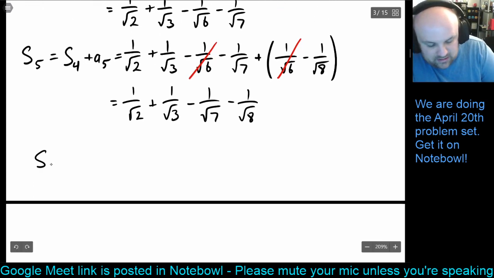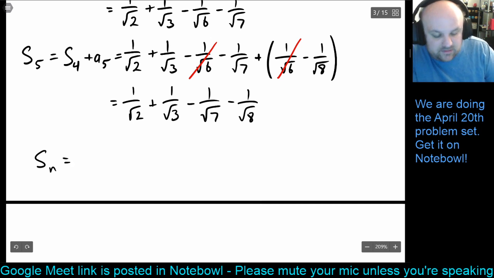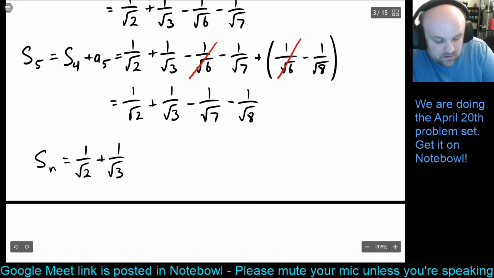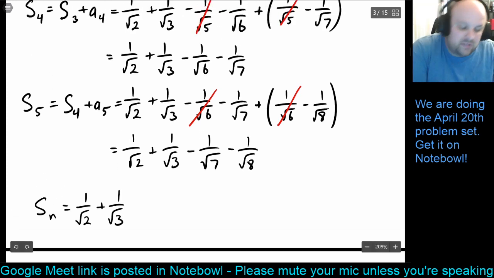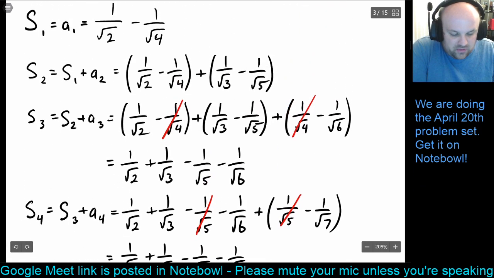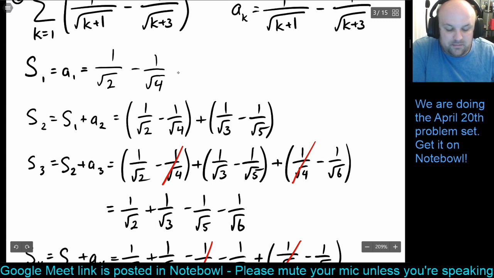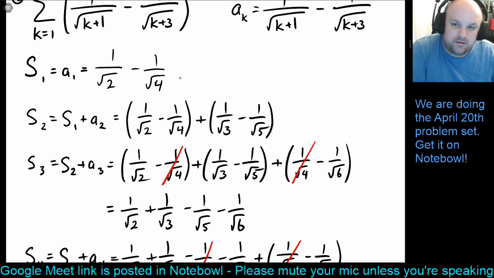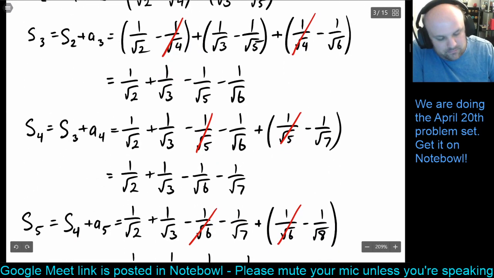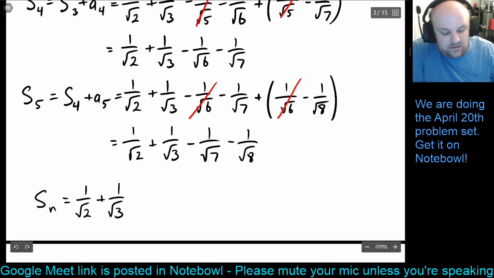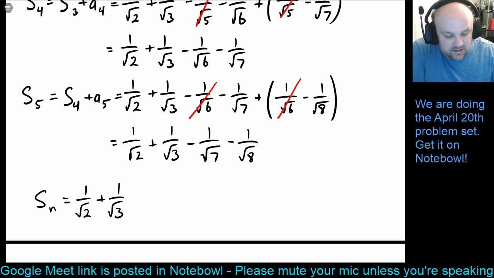So Sn is going to be 1 over root 2 plus 1 over root 3. Now what is the rest of it? Something we do need to be a little careful about is that it doesn't apply for n equals 1. It's not true there. But if we look at these, this one is always 2 bigger than that number.